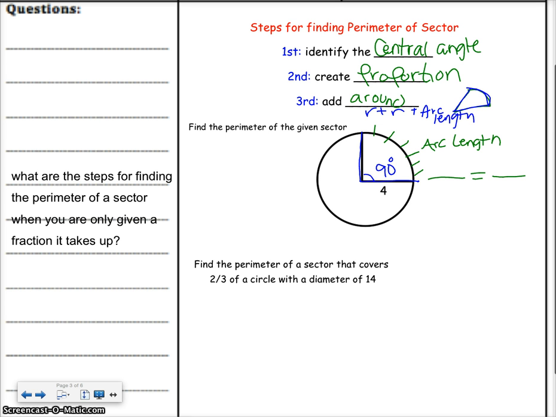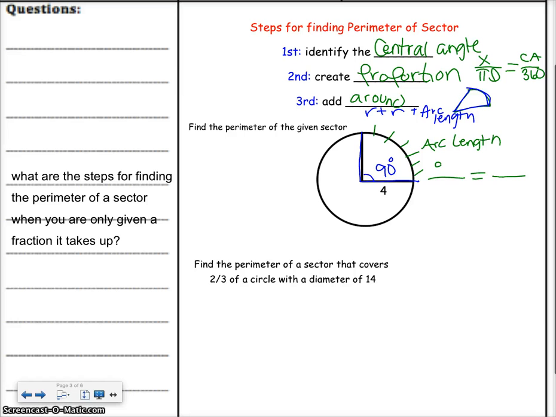And to figure that out, you have to do part is to whole as part is to whole. So when I create that proportion, the template of the proportion, maybe you want to show that up here. Your template is always part of your circumference is to pi d, as your central angle is to 360 degrees. Part is to whole as part is to whole.